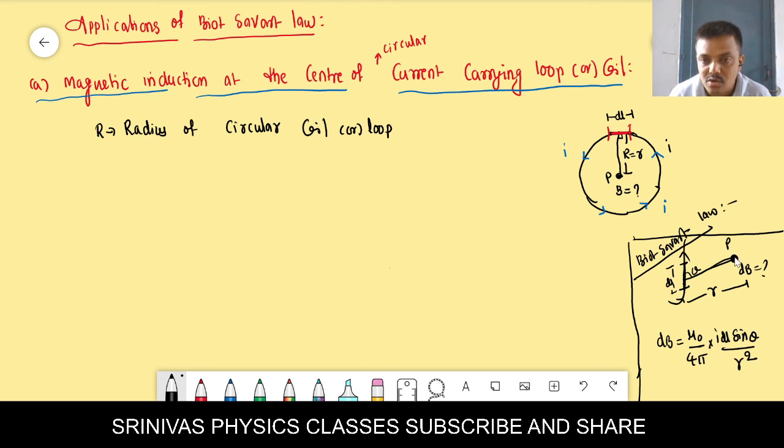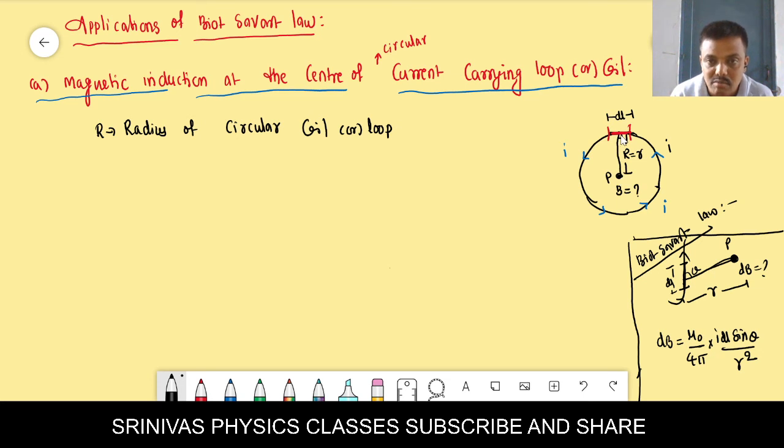You see, where you want to find out the magnetic induction, that point, you follow the cursor. That point's distance from the center of the element is r according to the formula. But according to this figure, I want to find the magnetic induction at the center.